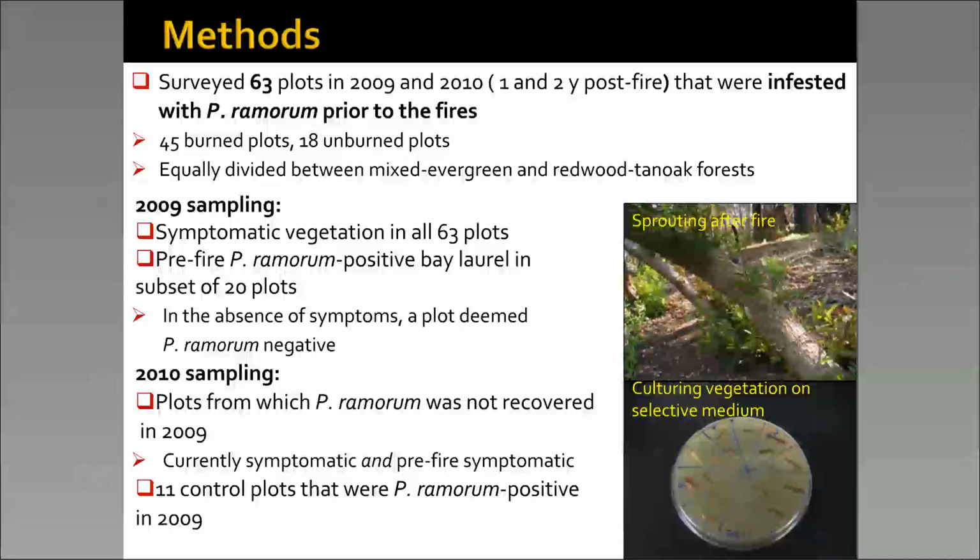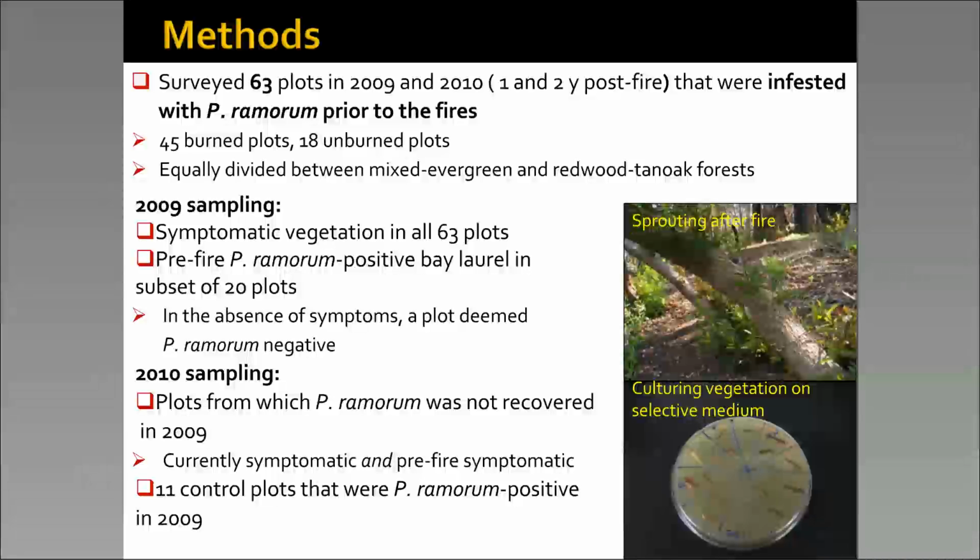And so in terms of how we sample and detect Phytophthora ramorum, we take vegetation. Here you can see a bay tree with lots of ample sprouts following the fire. If any of these leaves had symptoms of the pathogen, we would sample those. We bring them back to the lab. We cut up little pieces.